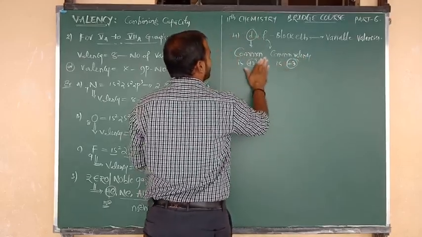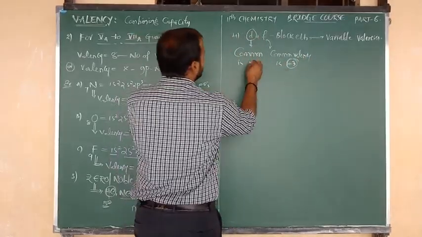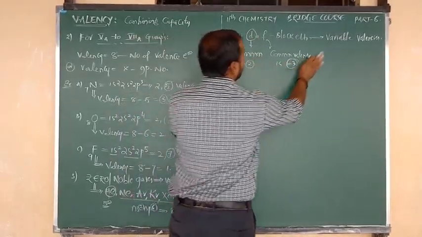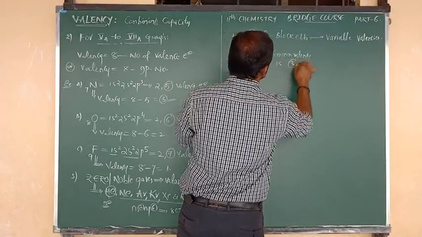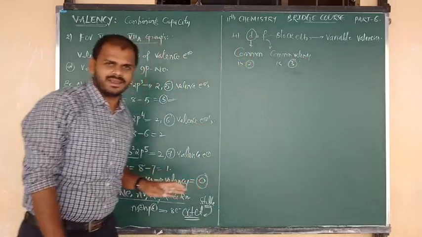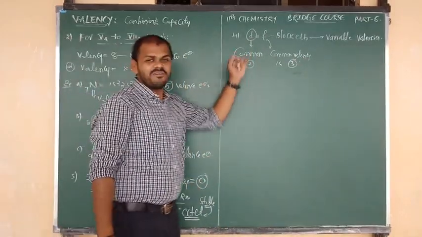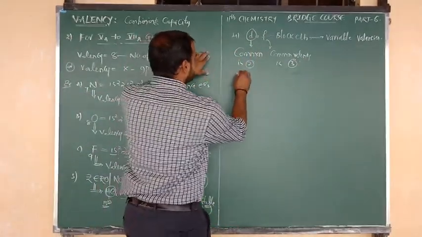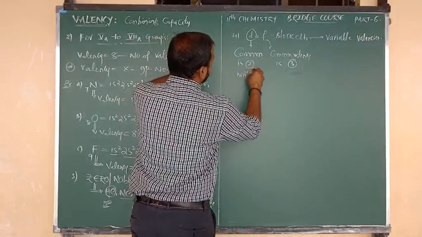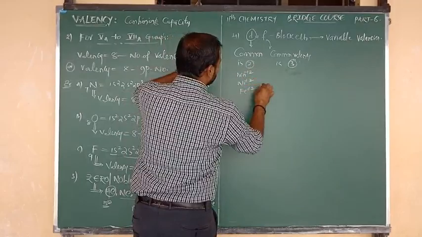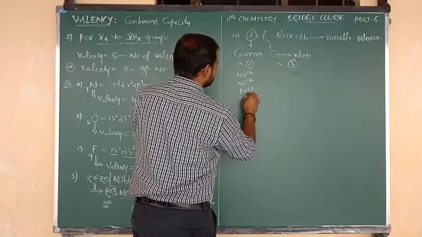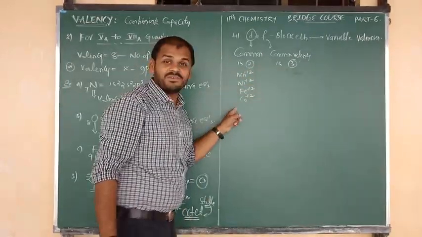So once again, for D block elements, the common valency is 2, and for F block elements, the most common valency is 3. So try to remember both points clearly. I want to show you some examples. We can say Mn +2, nickel +2, iron +2. Next one is cobalt +2. Like that we will write generally.